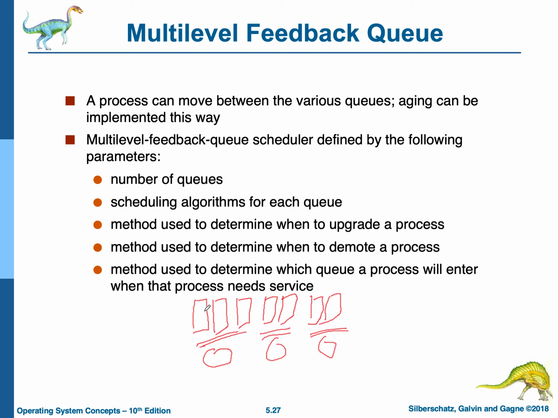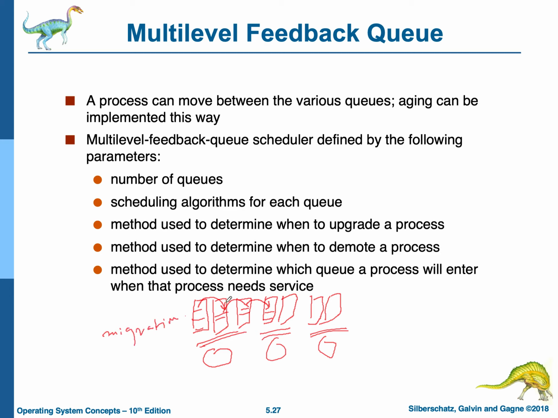So maybe a job is working in this, right? And then it moves to this queue, and then it moves to this queue. That is migration within the core, so it doesn't matter. But it is also possible to migrate from one processor to another processor, from the queue of one processor to another processor. So this is actually migration.